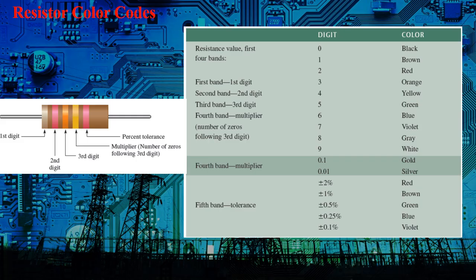Among all the fixed resistors, one of the commonly used resistors is the carbon composition or carbon film resistor. It is like a parrot. Why am I saying parrot? Because it has color codes on it like the colors of parrots.